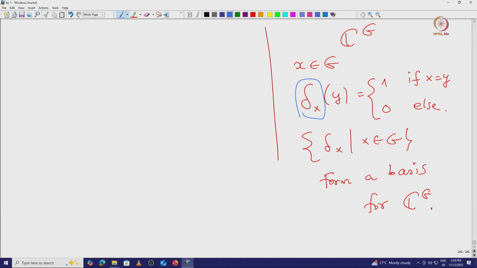Even here, in this setting Z C G, we will do the same thing. Since a class function takes constant value on the conjugacy classes, we just define this delta function for the conjugacy class.